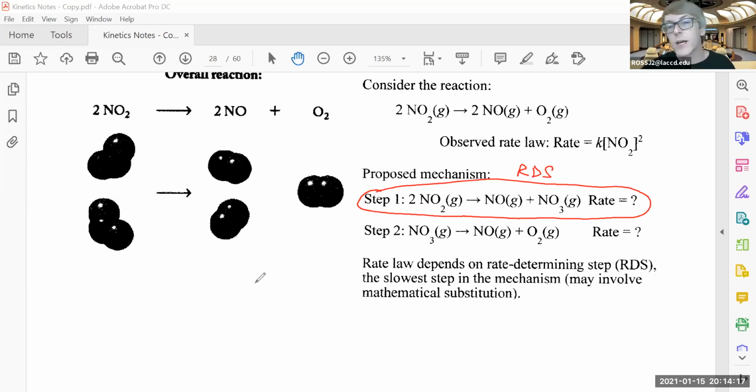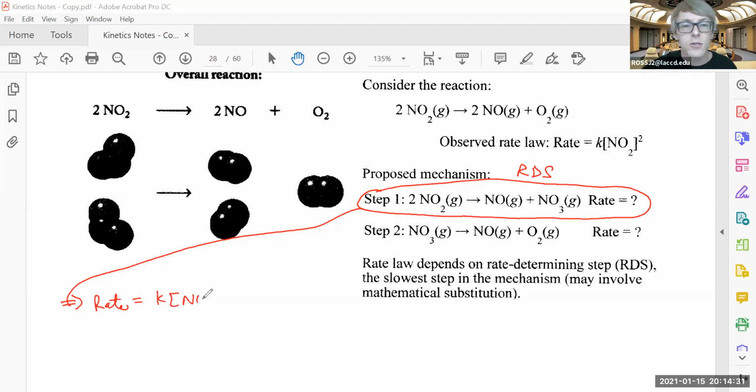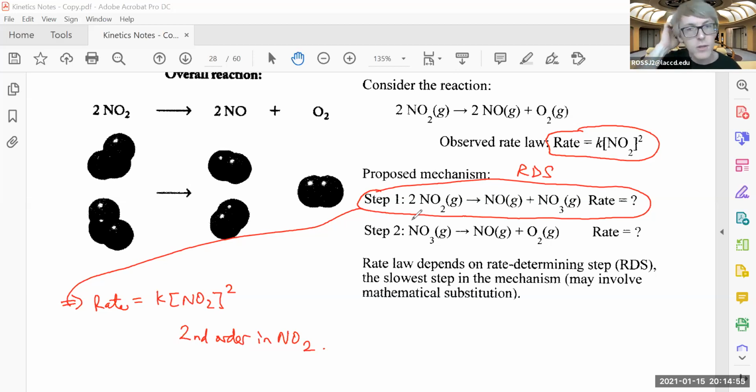And we know it's elementary, so I can read into what this coefficient 2 means. I can use it directly as the order. So the rate is going to be a rate constant times the concentration of NO2 to the second order. So it's second order in NO2. Okay. And you can see here that that's exactly what we knew the overall was, and that's exactly what the rate determining step rate is also. Okay, so that's straightforward.